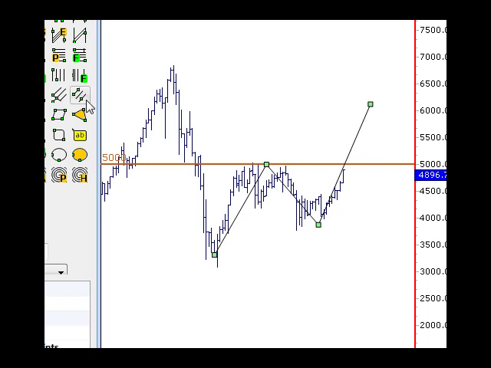This is another A, B, and C, a smaller A, B, C. Of course, this A, B, C would pull back 61.8% of the length of this A wave here, which it basically did at around the 3,800. So now we're looking for a 5-wave structure to the upside through here.